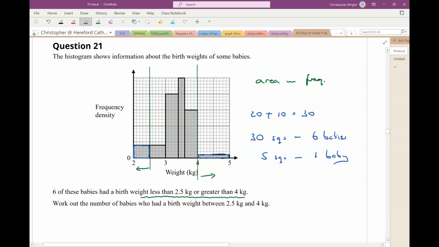So all I need to do now is to work out how many little squares there are here. Okay, and then I can work out how many babies those yellow bars represent, because I know that 5 squares represents 1 baby.